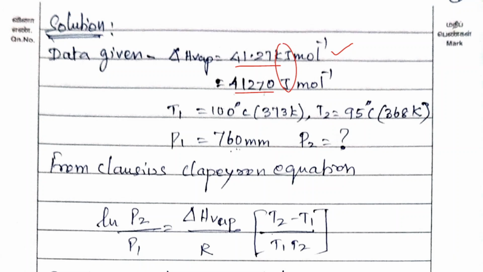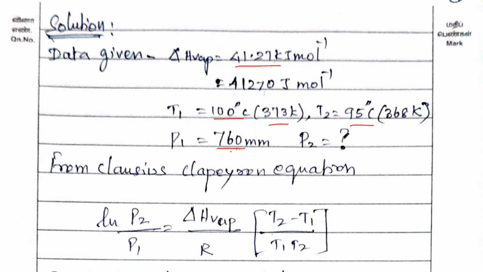The temperature that is given is 100 degrees Celsius, 373 Kelvin. At that particular temperature, the pressure is 760 mm of mercury, the atmospheric pressure. When the temperature is reduced to 95 degrees Celsius, what will be the pressure? That's what is being asked.